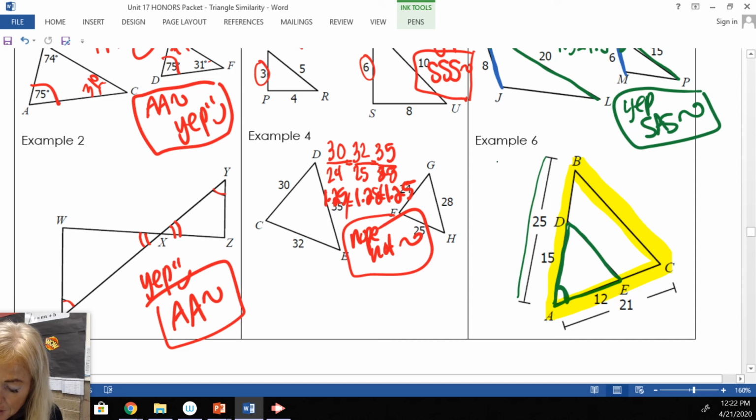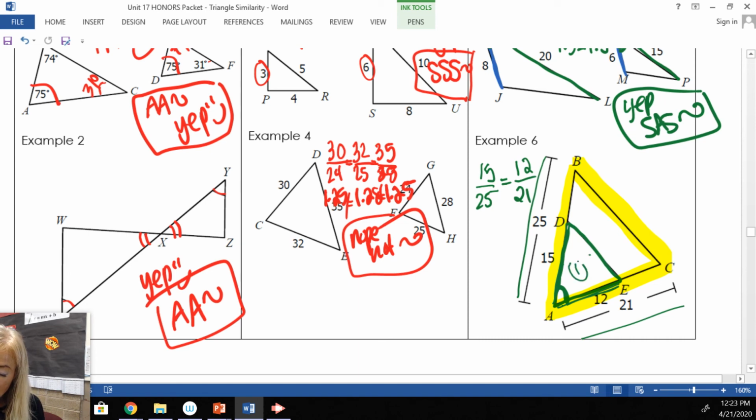One's 15 and one's 25. So 15 over 25 is the ratio of sides that are the corresponding sides on AD and AB. Now, over here, we have a side that's 12 and a side that's 21. So 12 over 21, remember we're doing small to big, so this is our first, this is our second triangle. So 15 over 25 has to equal 12 over 21.